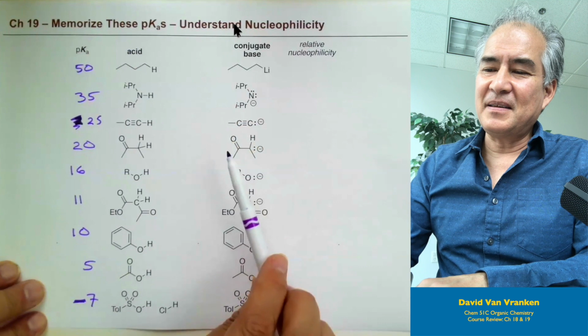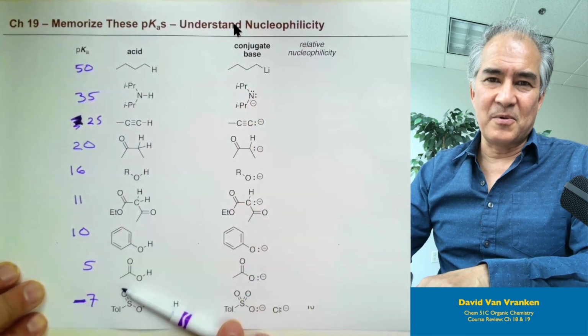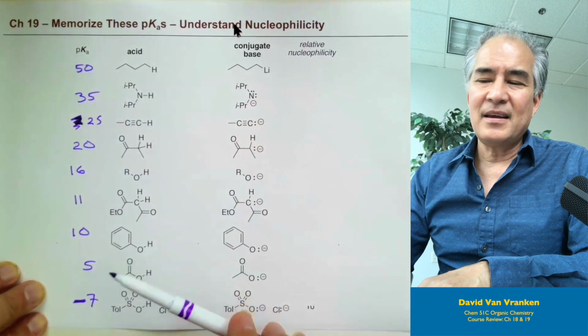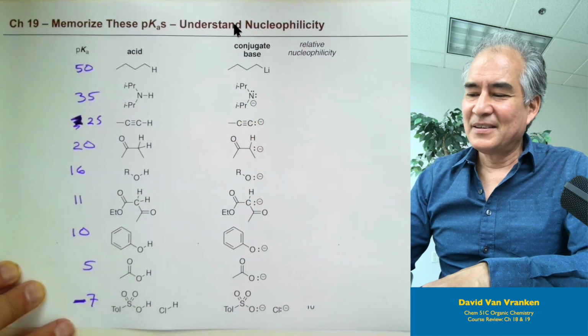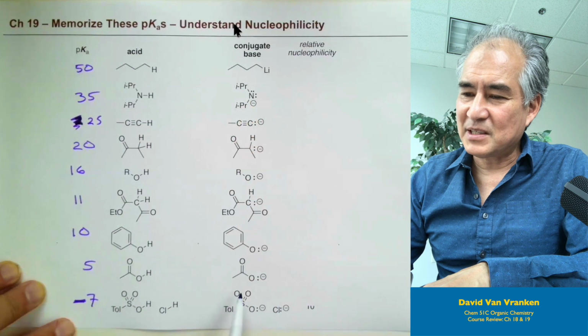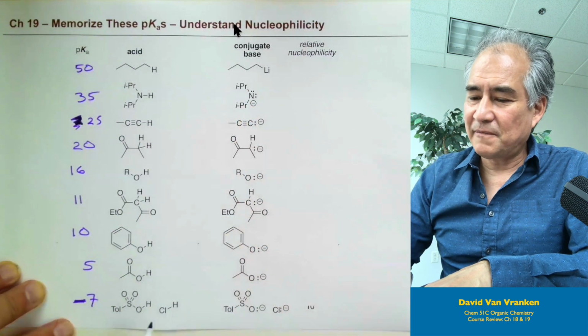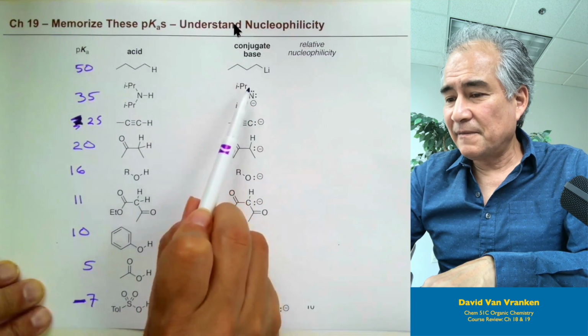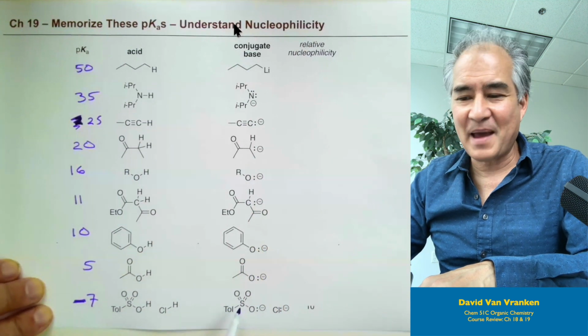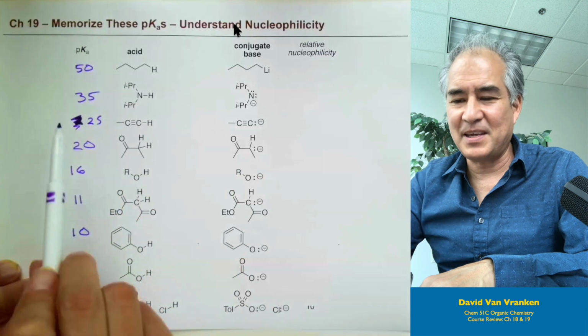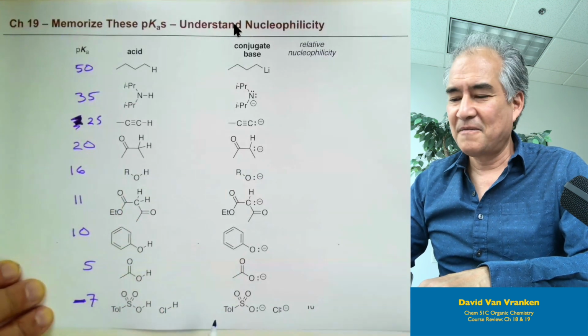It's because this order that I've given you, where I arrange things by pKa, is also the order of nucleophilicity of the conjugate bases. So when I draw out the conjugate base and assess the range of nucleophilicity here, the nucleophilicity of these conjugate bases spans 57 orders of magnitude, just like the pKas of the acid forms.